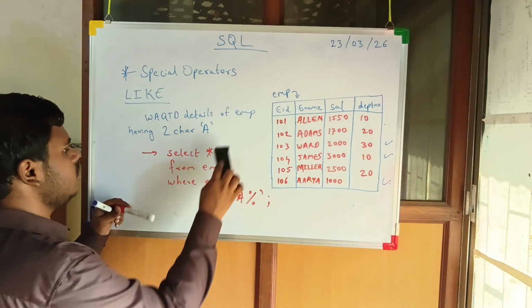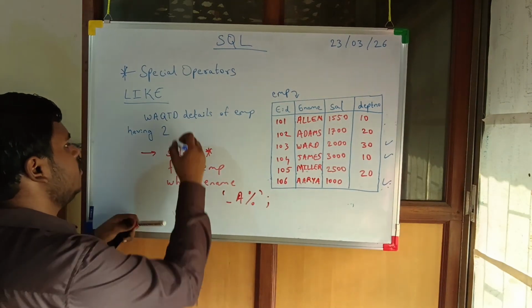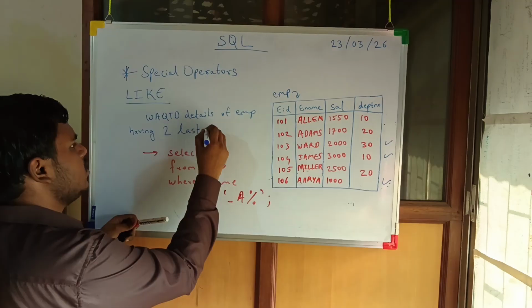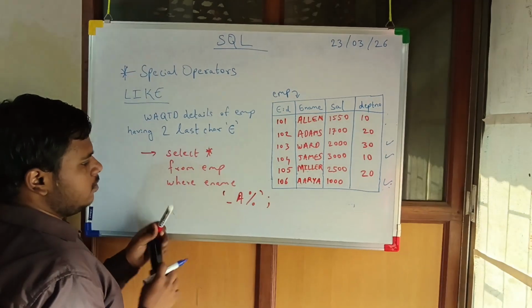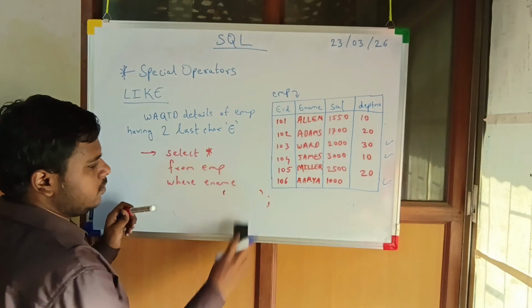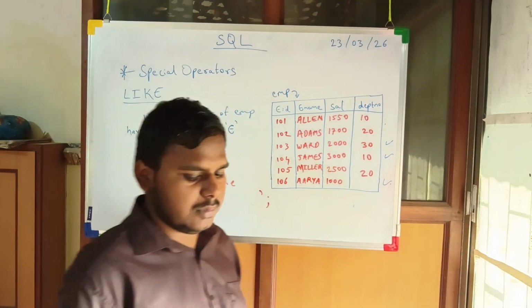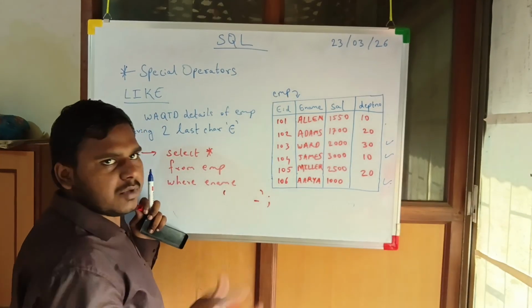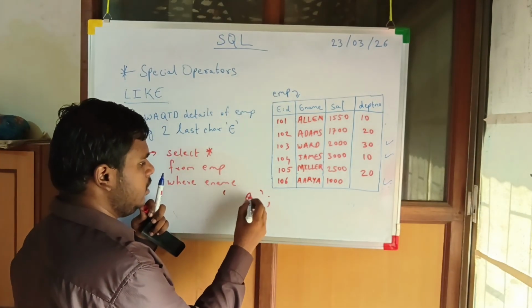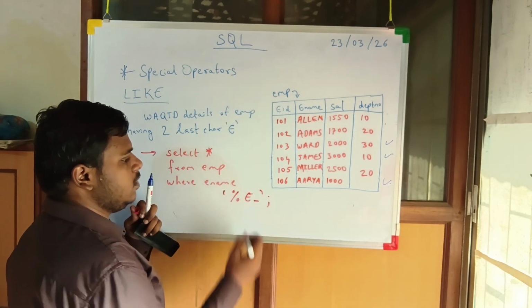And if I change the question to second last character E, how will you get the second last? Second last means the last one is fixed, it can be any character. Before the E, there can be n number of characters, I don't care, so I will use percentage.